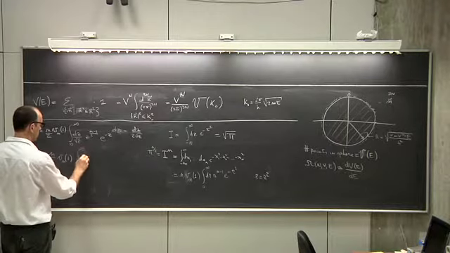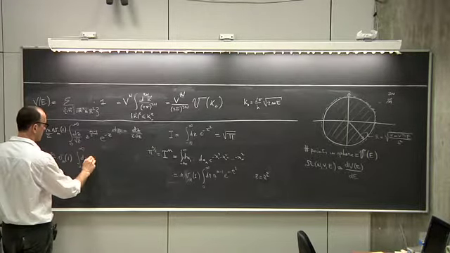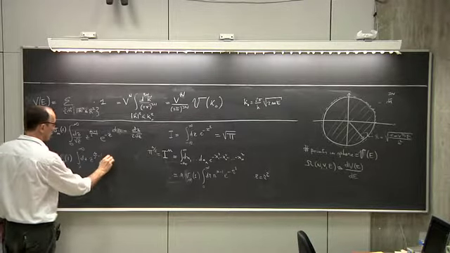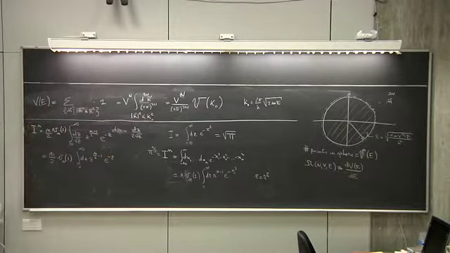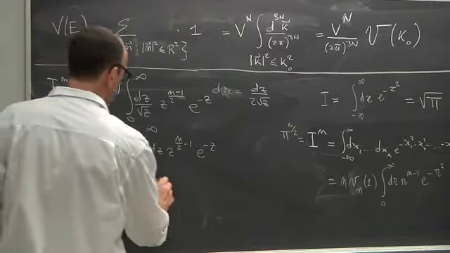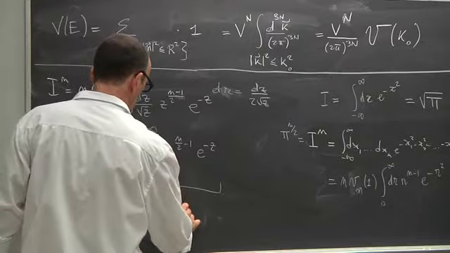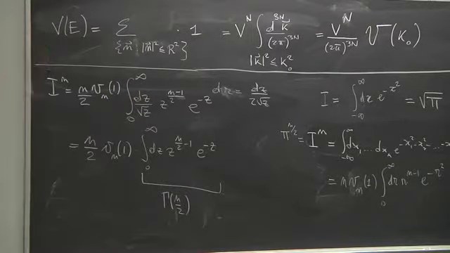which is an integral from 0 to infinity of dz, z to the n over 2 minus 1, e to the minus z. This object is called the gamma function of n over 2. Have you seen it? Can I assume that you know what it is? Okay.